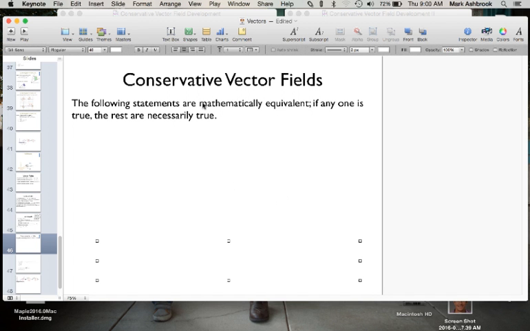Can you see the path? So let's take the path somewhere where you can see it here. Okay, so here's Gandalf's path, and we want to find the work done by the gravity field to get from the blue dot to the red dot.